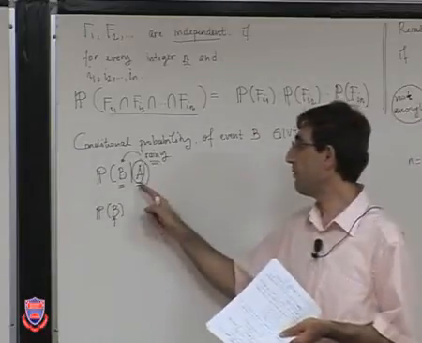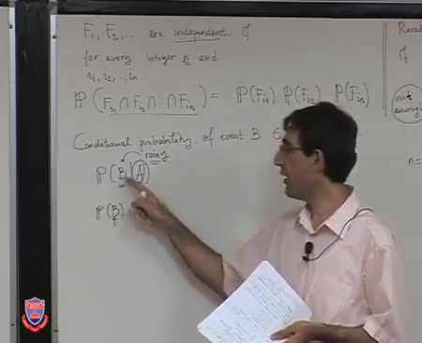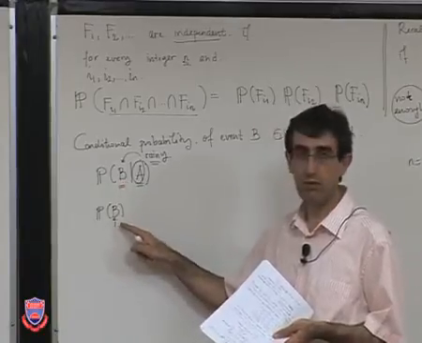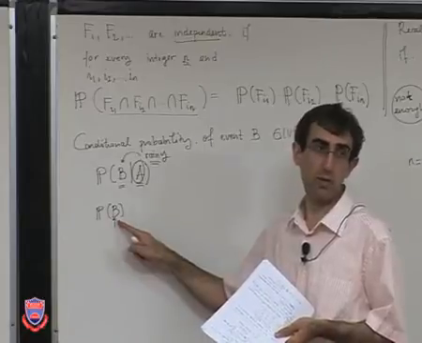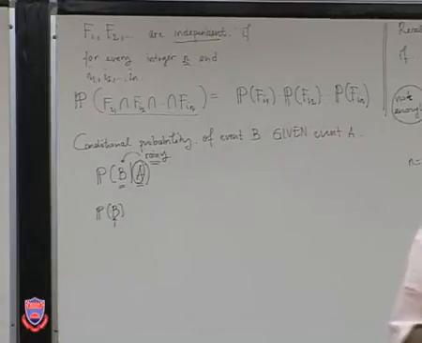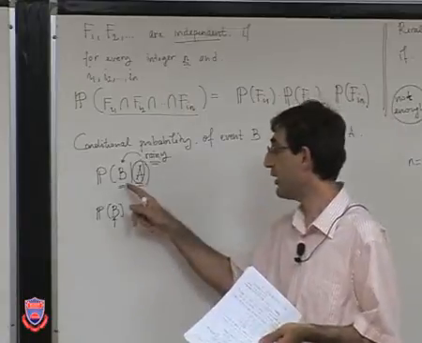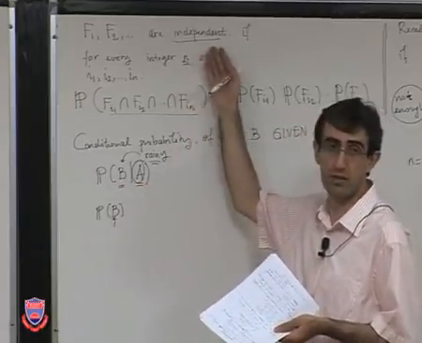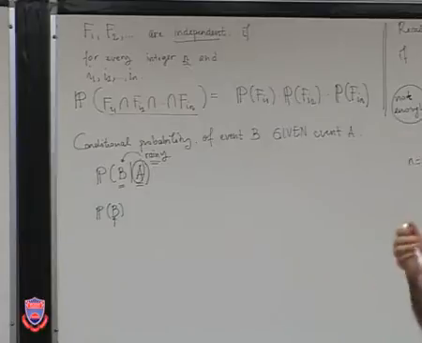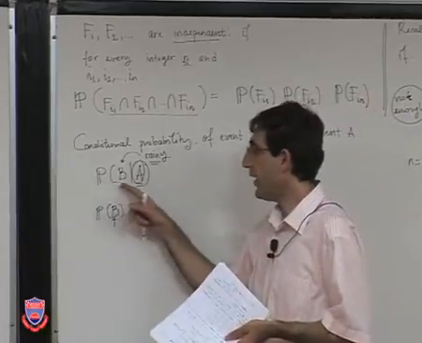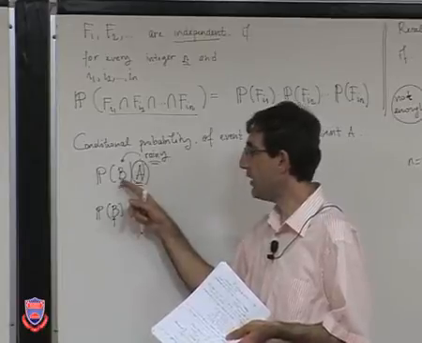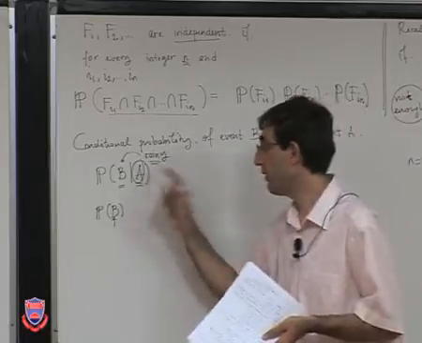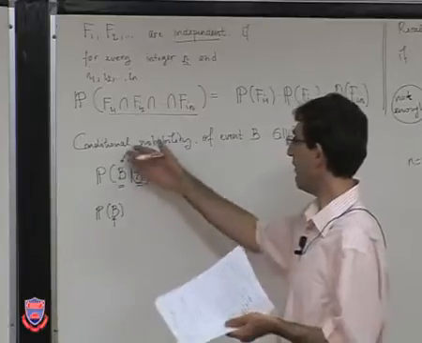Given that it was rainy, what is the probability that an accident happened? You expect this to be somewhat different than the probability of an accident without knowing anything about the road condition. That is true in general if events B and A are not independent. We will see in a moment that if they are independent, then you don't expect any change in the likelihood of B if you are also told whether event A happened or not. Anyway, that's the notation.